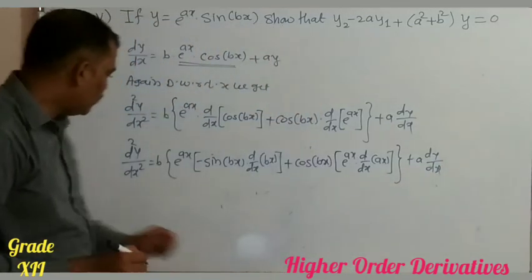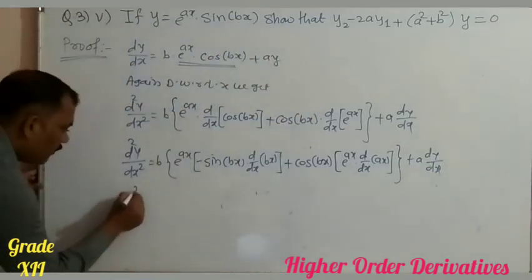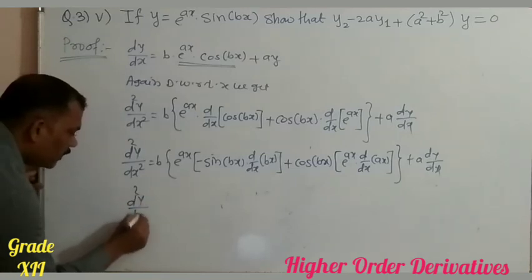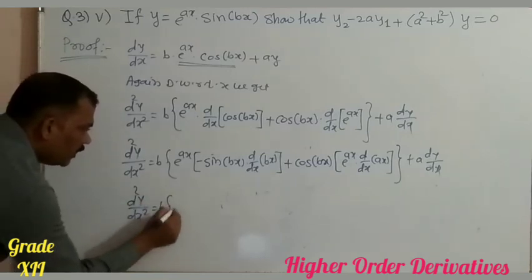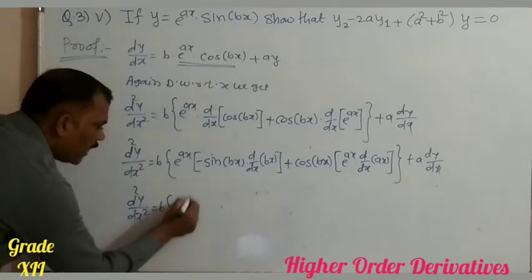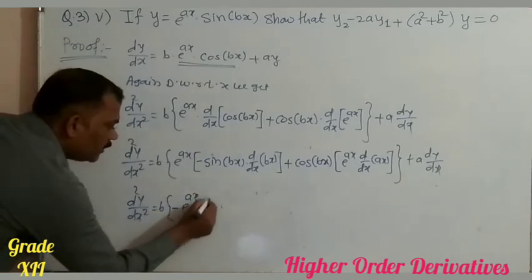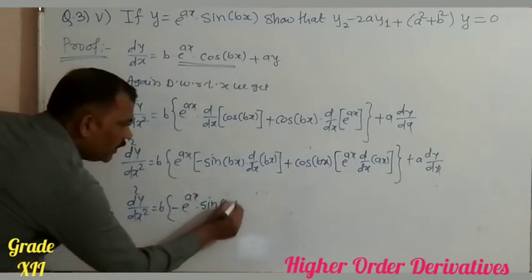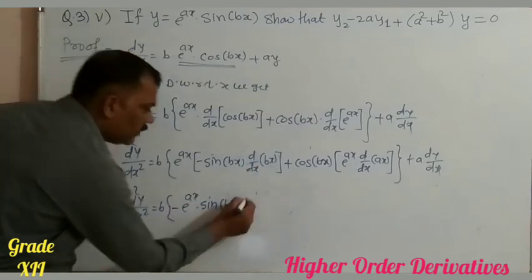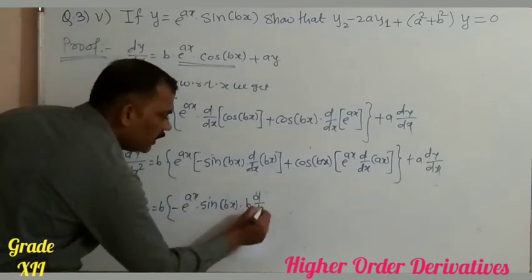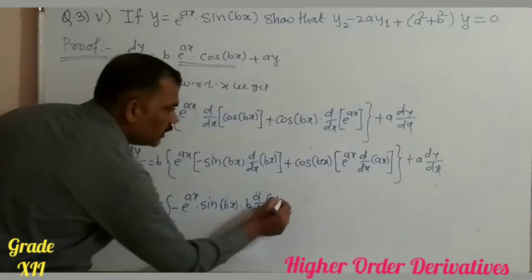So what we have to get here, d2y by dx square is equal to b into, here minus we have to take outside, minus e raised to x into sine of bx into, b is a constant, so we take it outside, into d/dx of x.